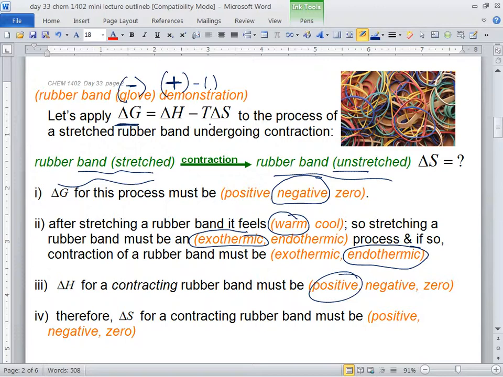T is always positive because it's what unit? Kelvin. So you can never make that guy negative. Delta S must be what then for this to work out? Delta S has to be negative? Because for the math to work out, you've got a positive number minus something, and you better end up with a negative number.